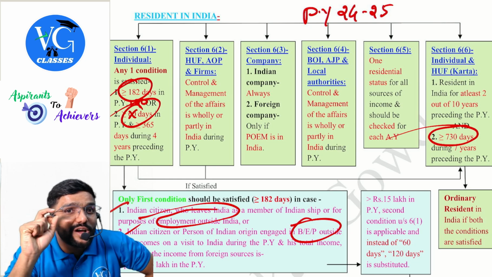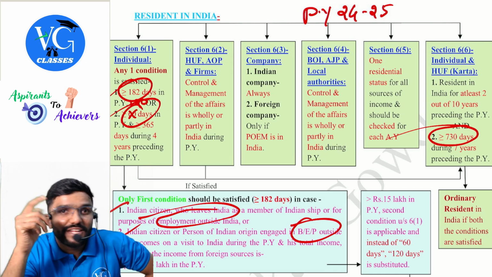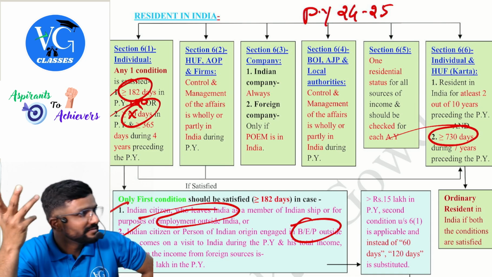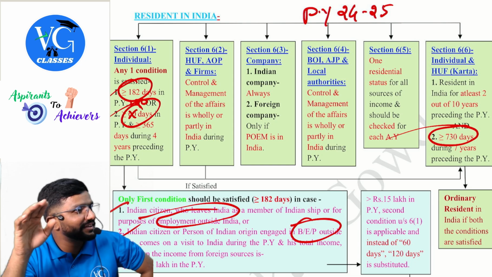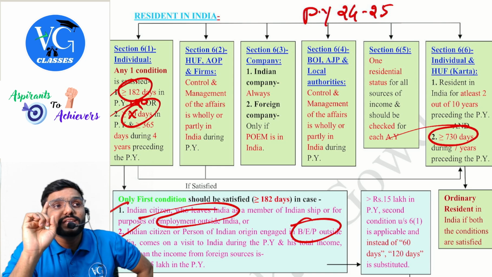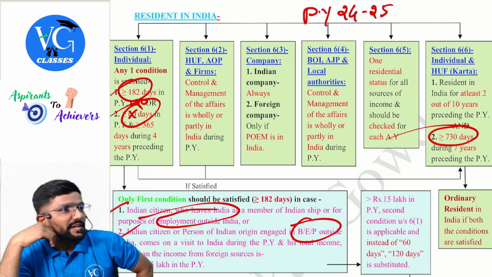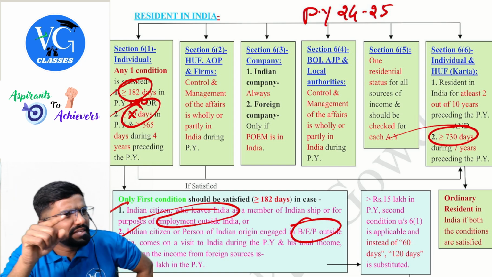Please read the law as it is. Don't create your own law. Students, when writing the law, create their own law in the process of studying and writing income tax law. They didn't say that if Karta is ordinary, HUF is also ordinary, or if Karta is not ordinary, HUF is also not ordinary. Did they use that word?